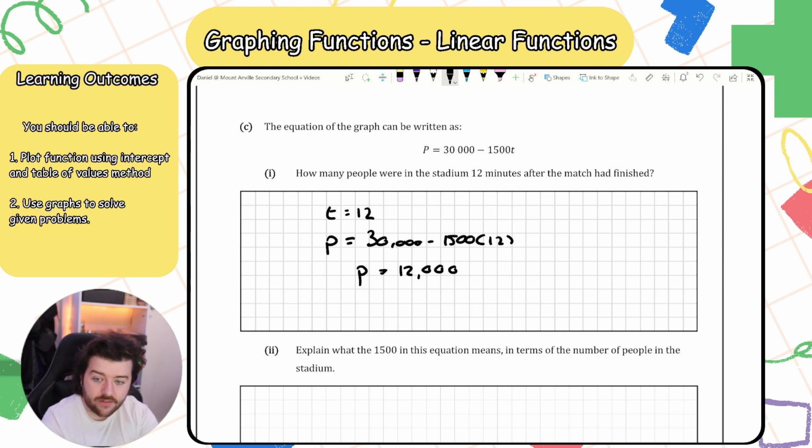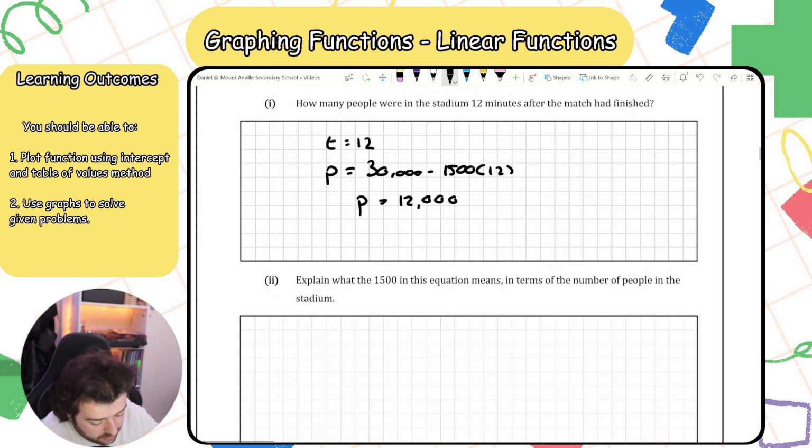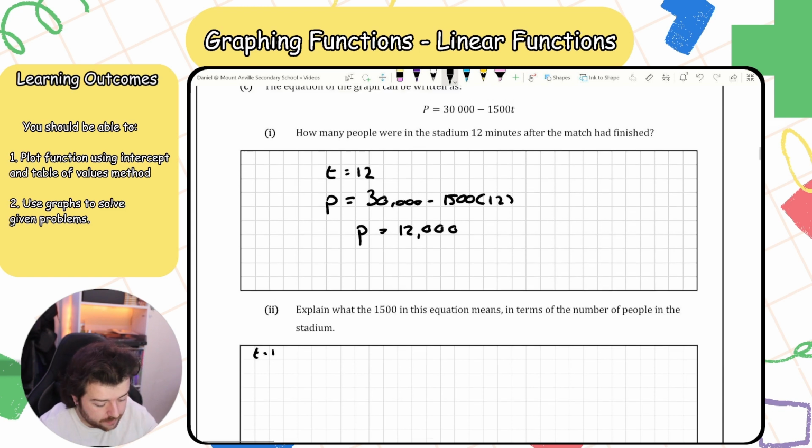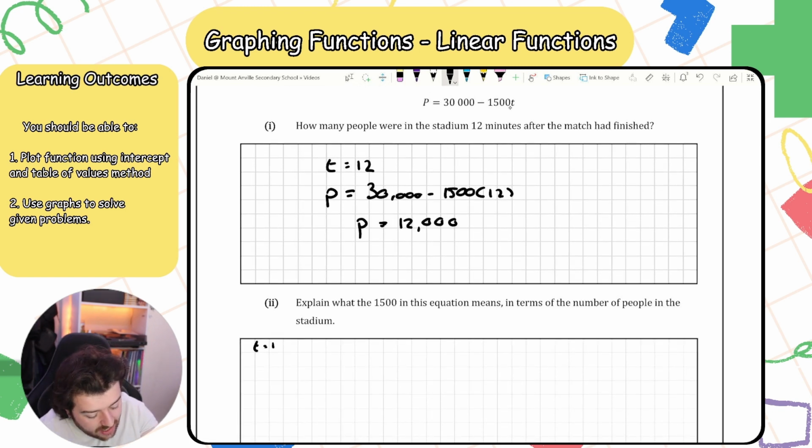Explain what the 1,500 in this equation means in terms of number of people in the stadium. So if you notice here, when T is equal to 1, let's say, every time I increase T by 1, I'm multiplying this minus 1,500 by T. So every time I increase it by 1, I am subtracting another 1,500.